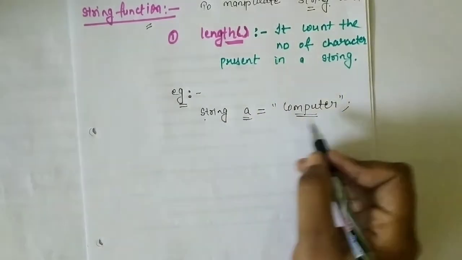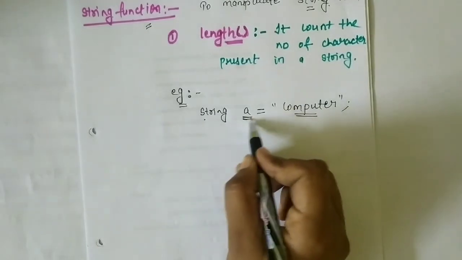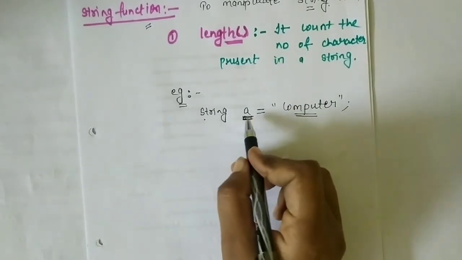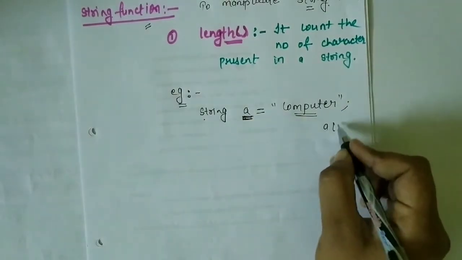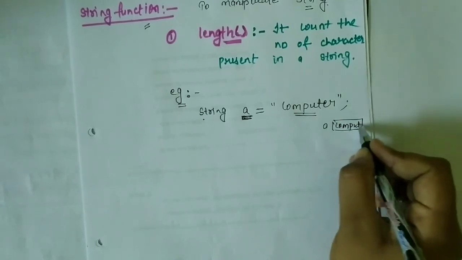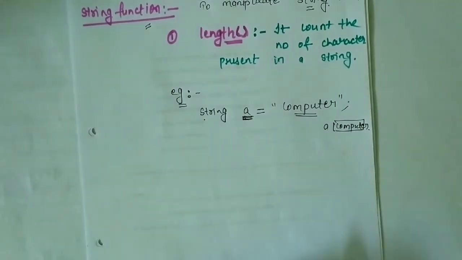We have to count the number of characters present in the variable. So what is stored in variable a is one string, and the value of that string is computer.